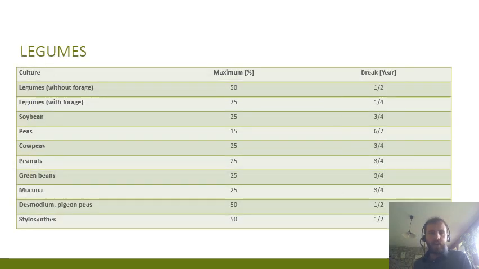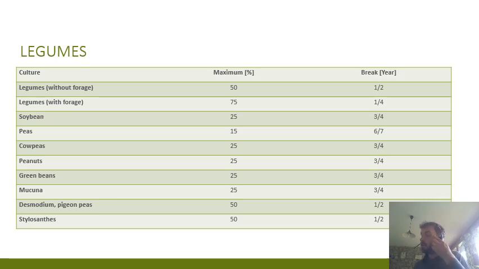You have the same for legumes, so it is also not advised to plant legumes every year. Depending on the crop, for example, pea is really sensitive to pests, so you should only do it 1 out of 7 years. And for example, peanut and cowpea should only be done 1 out of 4 years, with 3 years break.